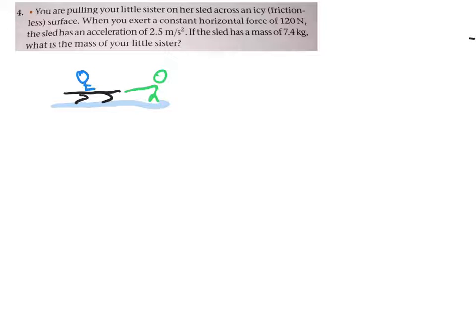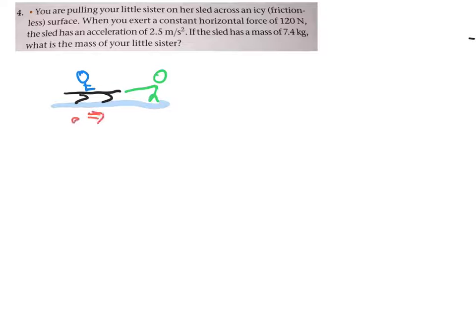It's not clear, if the ice is frictionless, how you are moving across it, and we basically assume that should be ignored. Well, maybe you have cleats so that you dig into the ice. Don't worry about it. Somehow you are able to exert this 120 newton force, and the sled therefore accelerates.